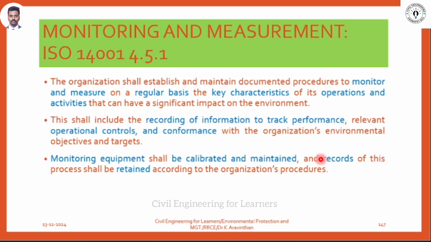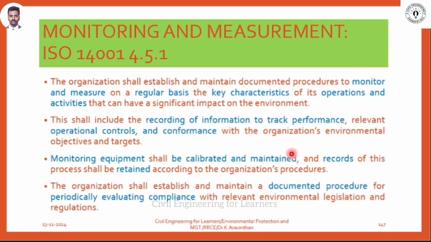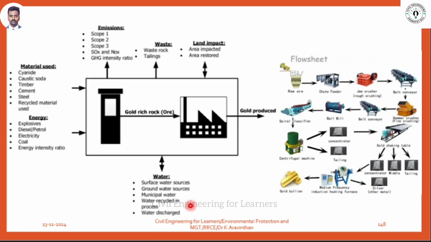Some weight machines will not show the correct weight. It has to be calibrated. Checking whether it is working correctly is called calibration. Every instrument used in the industry has to be calibrated. So this comes under maintenance. Records shall be retained. You have to document periodically for compliance.